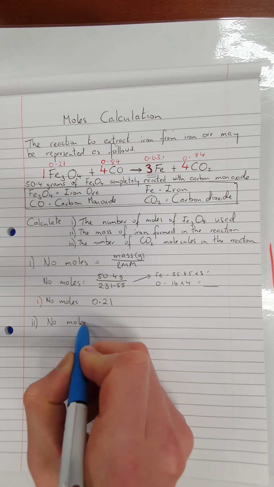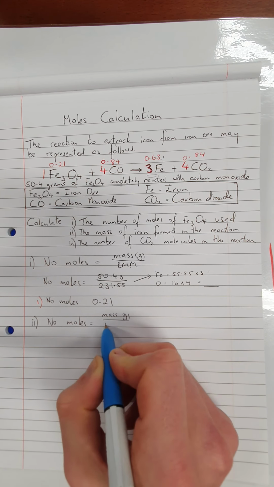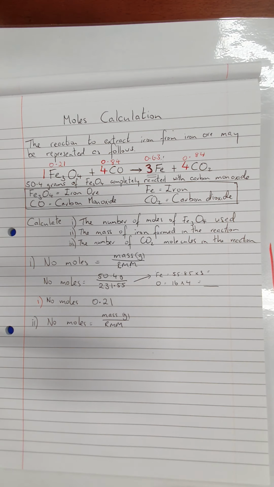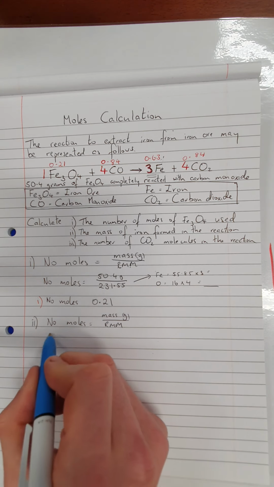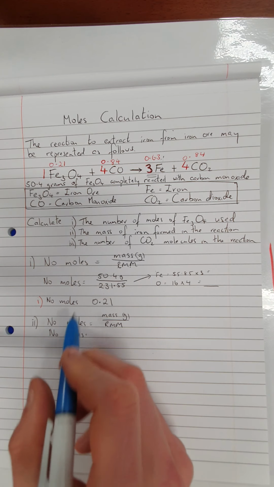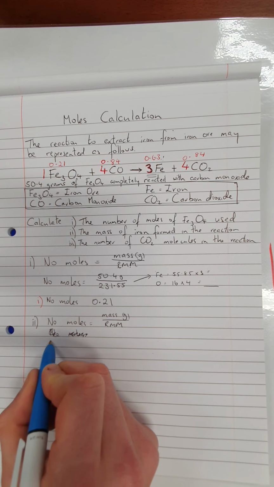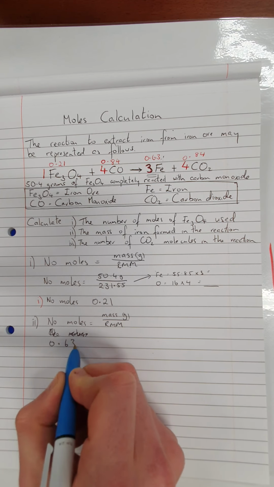Number of moles equals the mass in grams divided by the RMM, but this time it's specifically for iron. So the number of moles, I do know the number of moles already, so that will be 0.63.